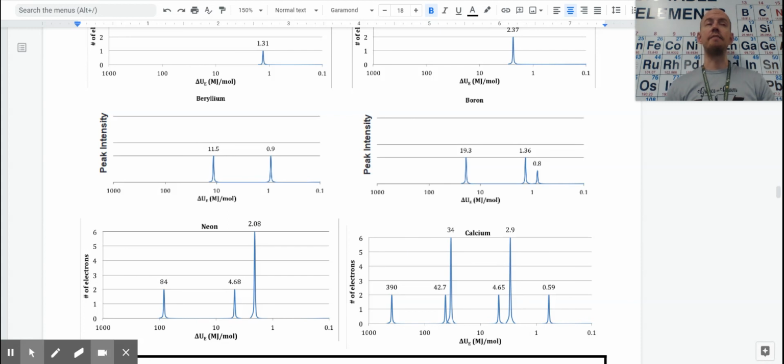This is support of the fact that I have s sublevels with 2 electrons, p sublevels with 6. If we had a spectrum that involves the d, we would see an even taller peak when that becomes full. But I have groups which are close to one another. I have ones by themselves. So I'm talking about levels and sublevels within the same level.